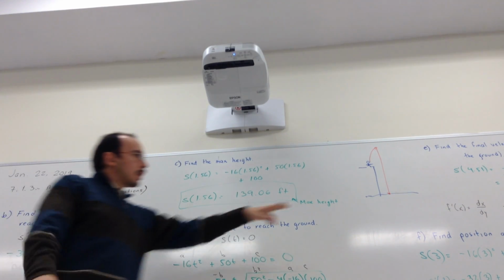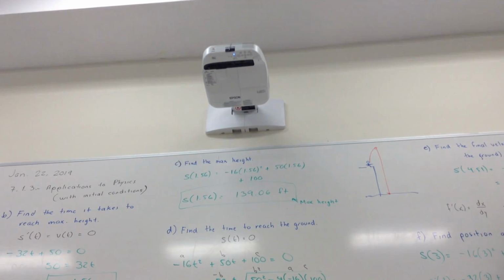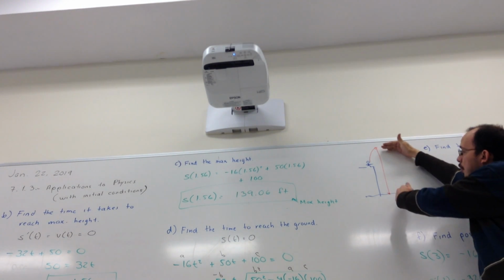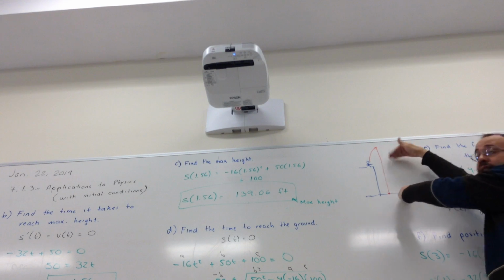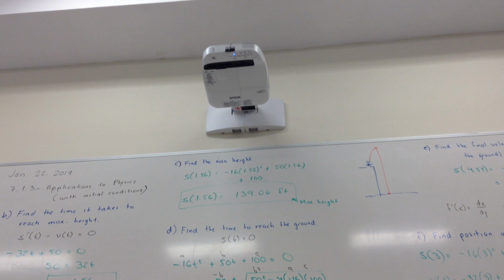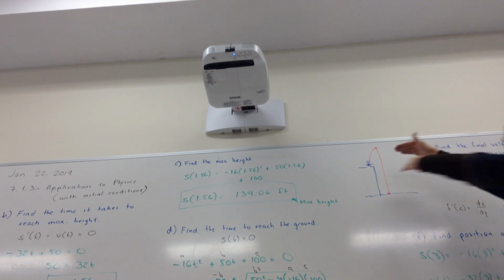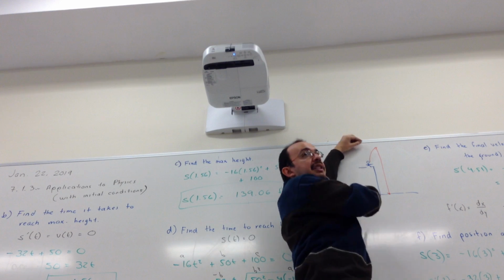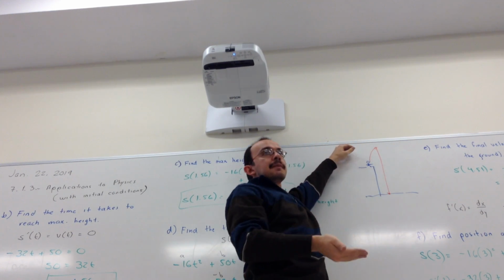For example, s prime of t, velocity, represents change in position over change in time. When something is falling, my distance to the ground is decreasing, so the rate is going to be negative. When it's increasing, because you go up, the distance is increasing, then the rate is positive.